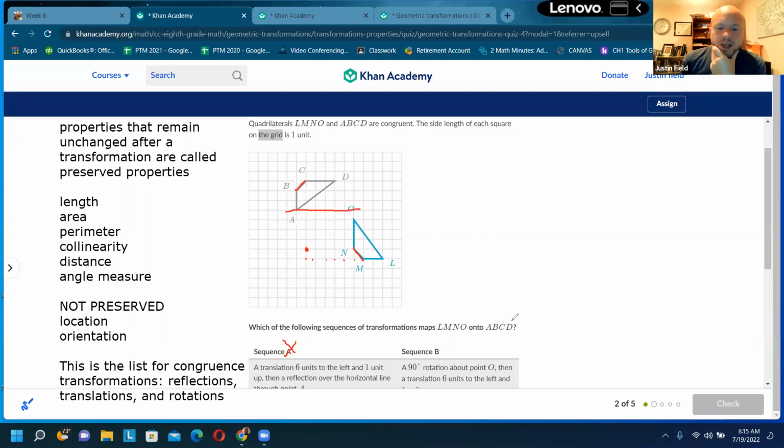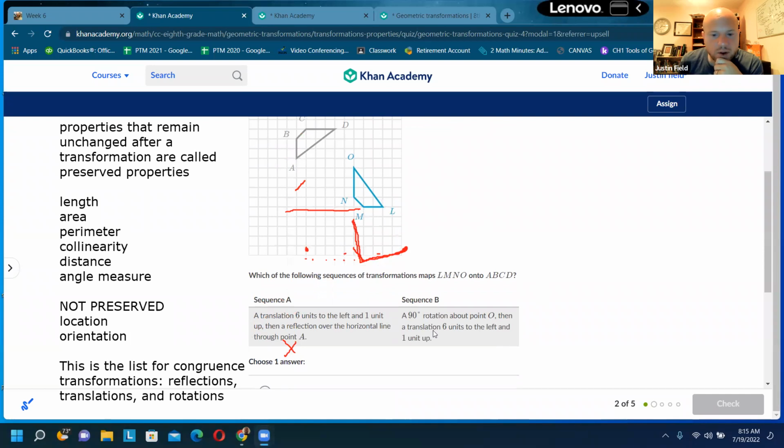How about sequence B? A 90-degree rotation about point O. Where is point O? It's right here. So a 90-degree rotation means we're gonna be out here, right? Draw my line to make my 90-degree angle, and then translate 6 units to the left and 1 unit up.